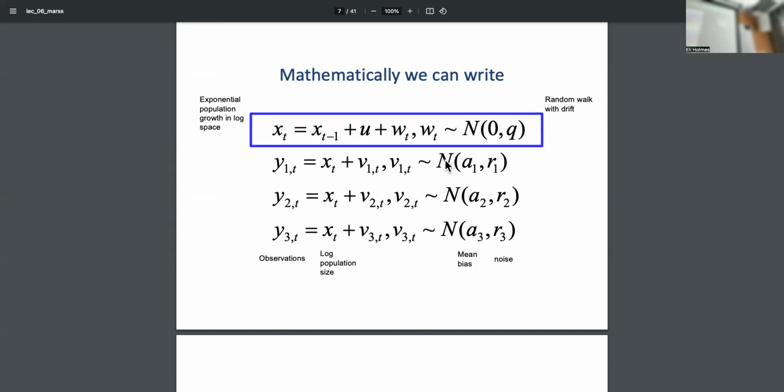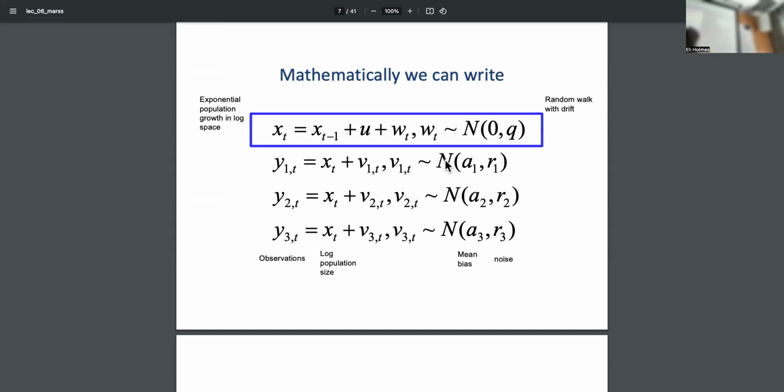We know that we're observing some fraction of that, and this mean here is going to account for that. We're in log space, so a value like 0.1 here would be, roughly, saying that this observation is 10% of the total.